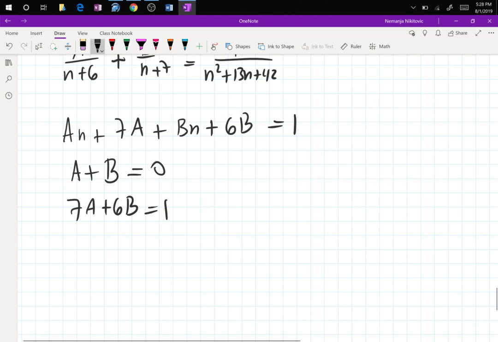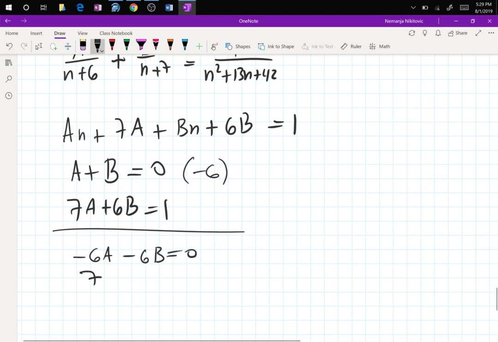So same partial fraction decomposition that we used for integrals are now used here to separate the telescoping. So now you multiply the top equation by, let's say, -6 to eliminate b. When you multiply by negative 6, you get negative 6a minus 6b equals to 0, and you have 7a plus 6b equals to 1.